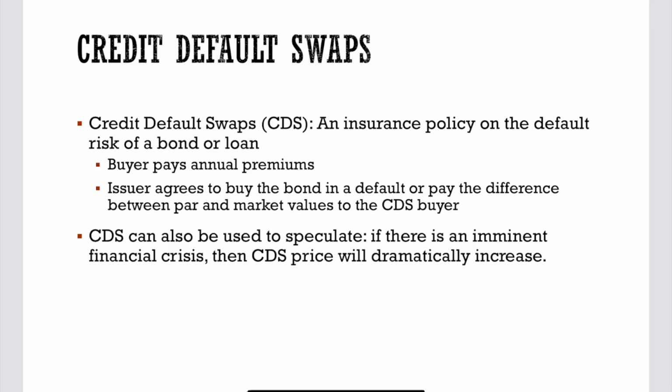For example, if your bond defaults and only pays you $800, even if the par value is 1,000, the insurer who sells you the CDS will either pay you the $200 difference to compensate you, or buy your bond and give you $1,000.